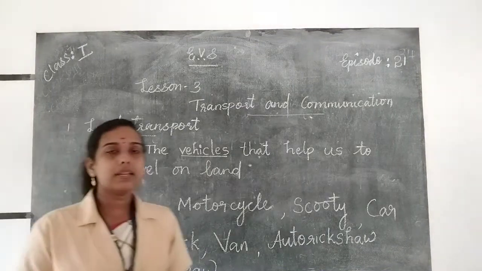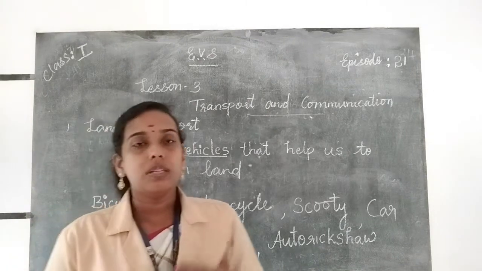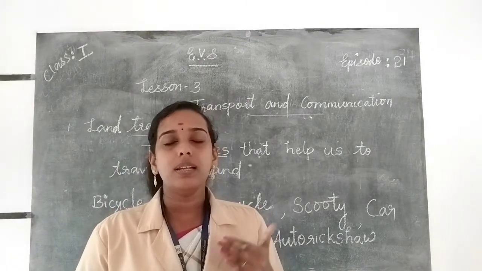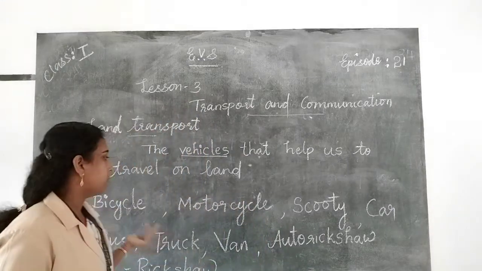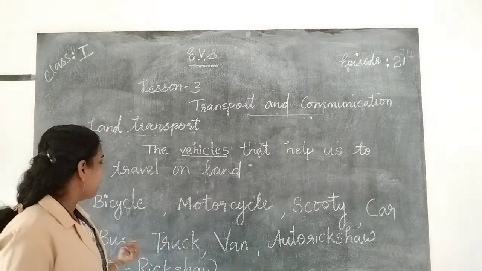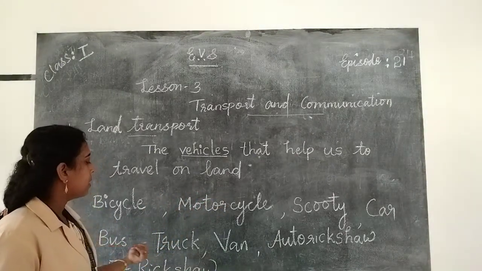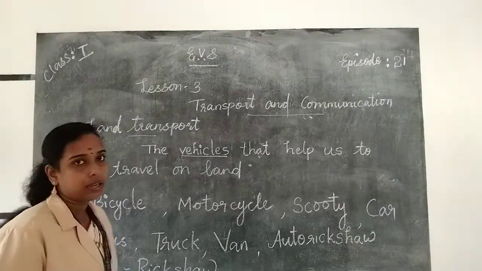So what do you mean by land transport? The vehicles that help us to travel on land are called land transport, and examples are bicycle, motorcycle, scooty, car, bus, truck, van, auto rickshaw and e-rickshaw.